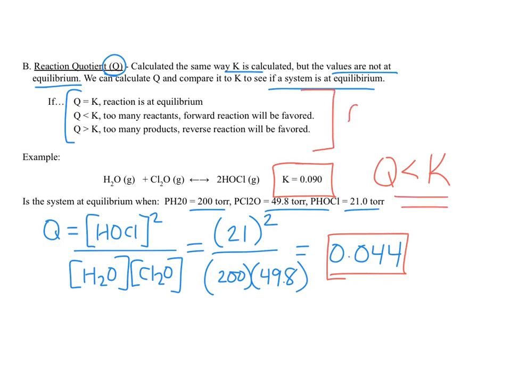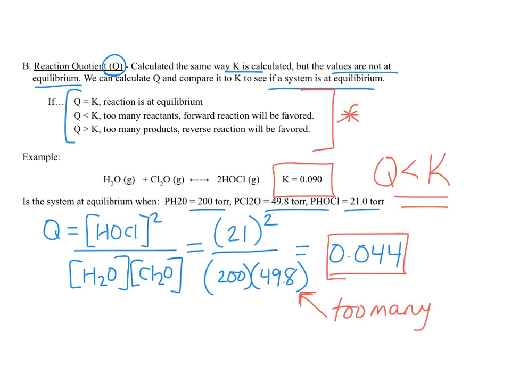A lot of people try and memorize this right here. If you try and actually just reason through the thinking, you can figure out what has to happen in order for equilibrium to happen. So if Q is less than K, that means that the number on the bottom, there's too many of those.